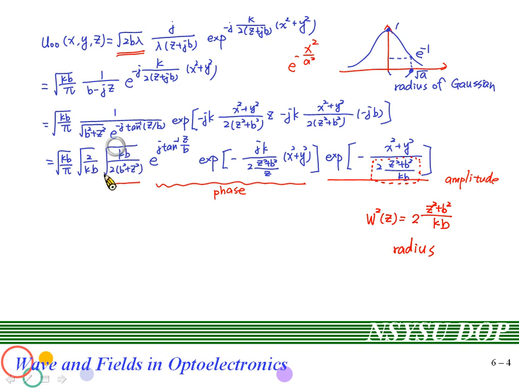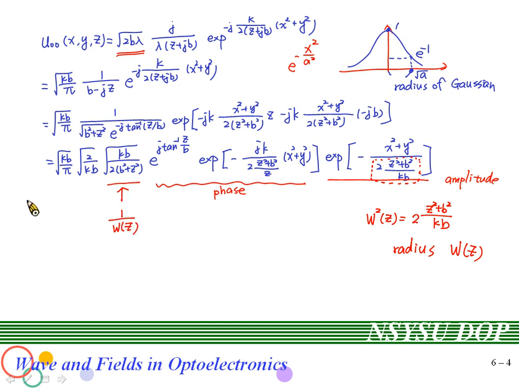Besides, you see here, this term, compared with this one, clearly will give you the inverse of the radius of the Gaussian function. Okay? So the radius of the Gaussian function, we denote it as capital W. And you can see, as we increase the value of z, the radius will be increased, but the inverse of W will be reduced.